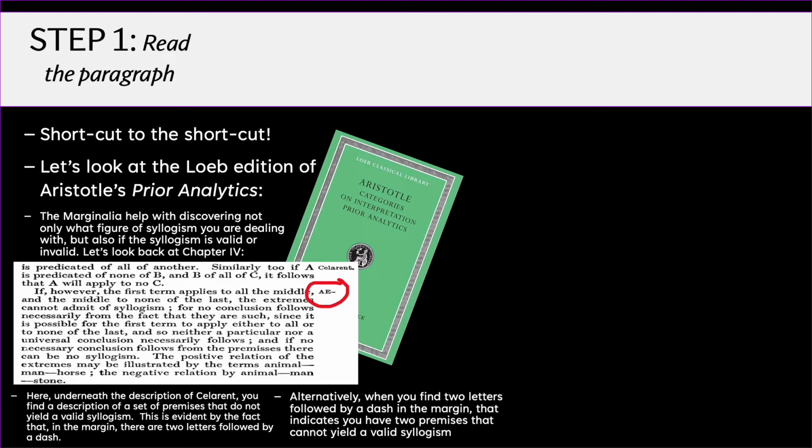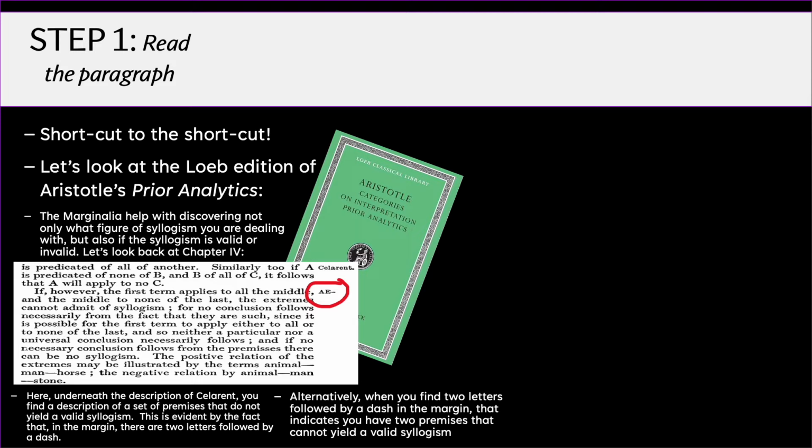Notice that underneath the description of Celarent, you find a description of a set of premises that do not yield a valid syllogism. This is evident, once again, by the fact that in the margin there are two letters followed by a dash. So whenever you find a funny name in the margins, that tells you that the paragraph it corresponds to contains a valid syllogism.